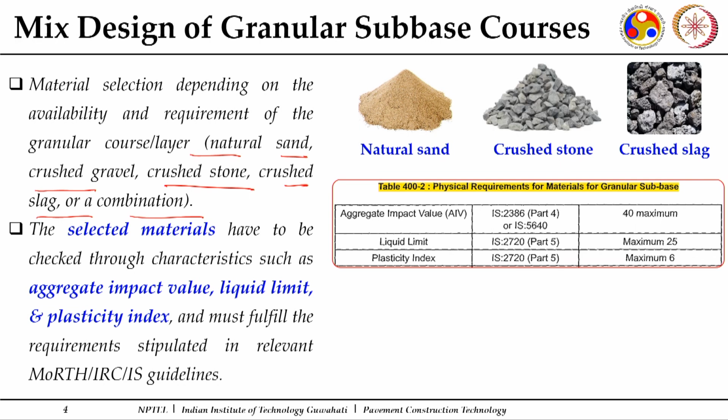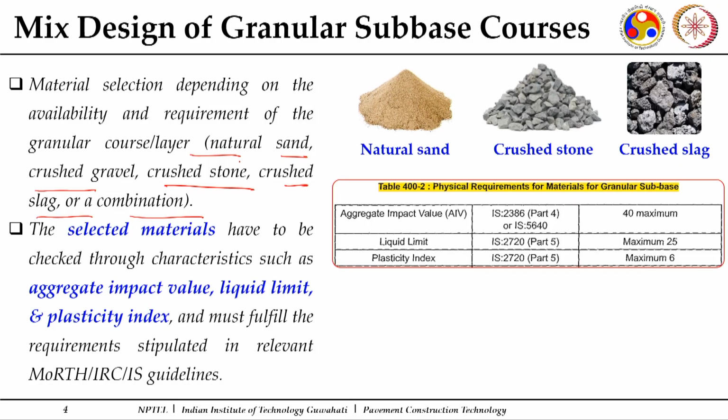Simultaneously, before attempting that proportioning, you should also ensure their physical characteristics, because if one particular source is not suitable as per the physical requirements, it should not be considered for the proportioning. In some cases, there may be challenges related to some specific property, so you have to look for an alternate source of material.